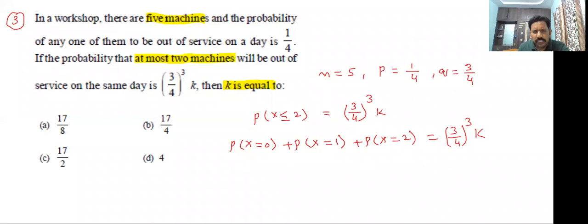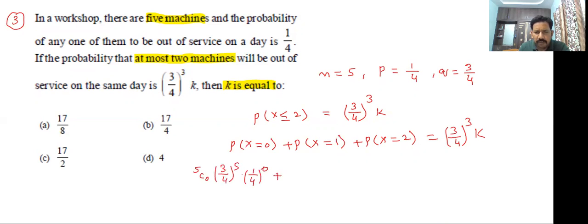Now P of x equal to 0 means 5C0 (3 by 4) whole power 5 into (1 by 4) whole power 0.